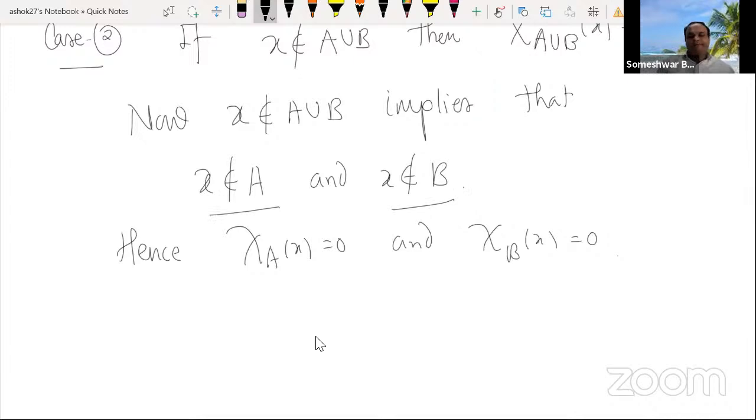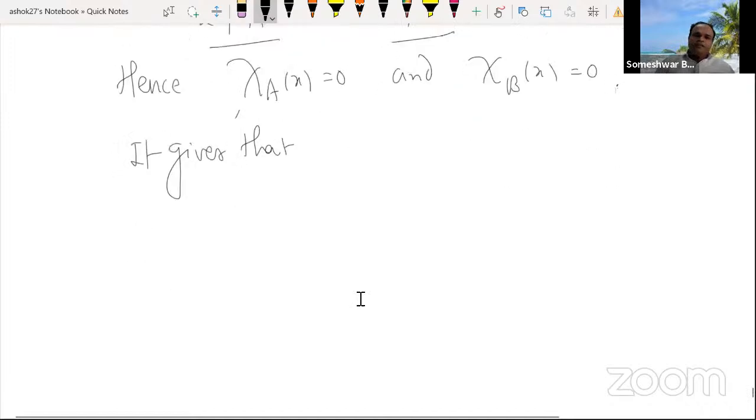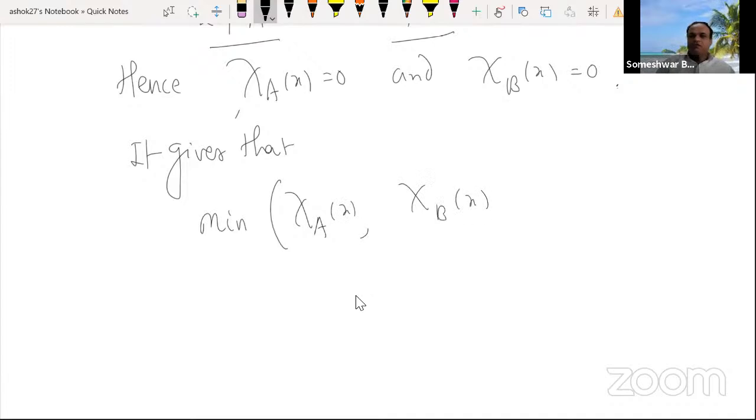Hence chi of A of X will be equal to 0 and chi of B of X equal to 0, because X is not in A as well as B. So the maximum of chi A of X and chi B of X will be 0, because both of them are 0.